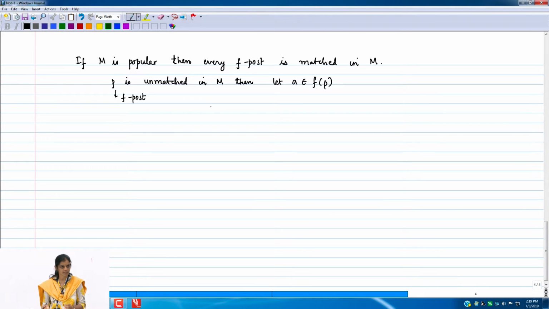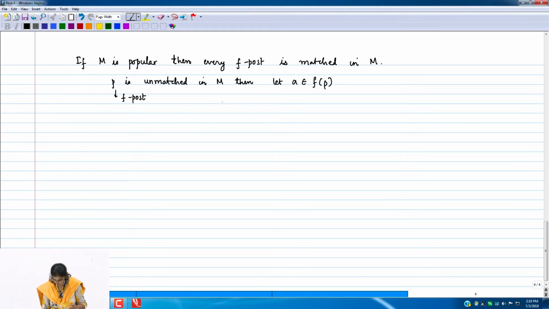So it can be matched to its rank 2, rank 3, or left unmatched. Wherever it is, just promote it to its F post. You will get another matching where all other applicants are indifferent between the two matchings, but applicant A prefers the new matching M prime over M.